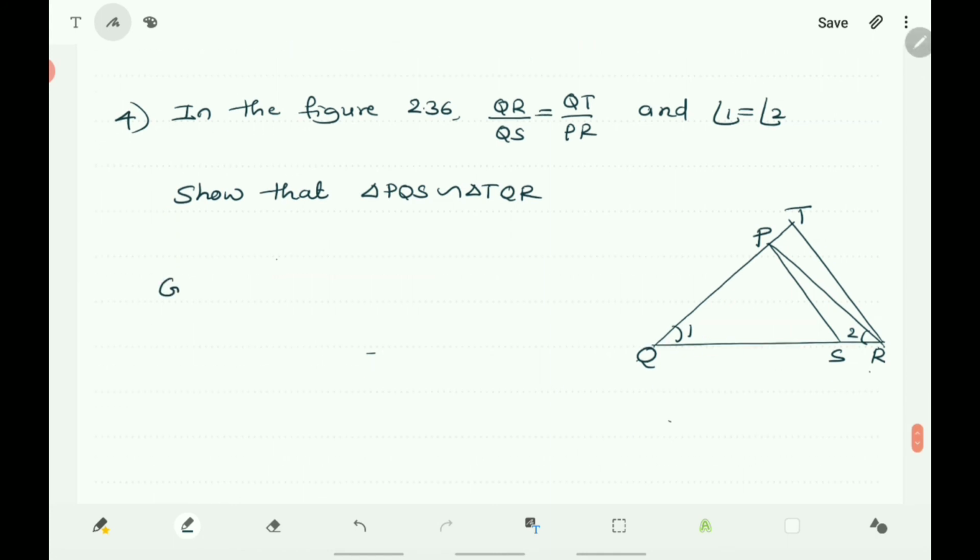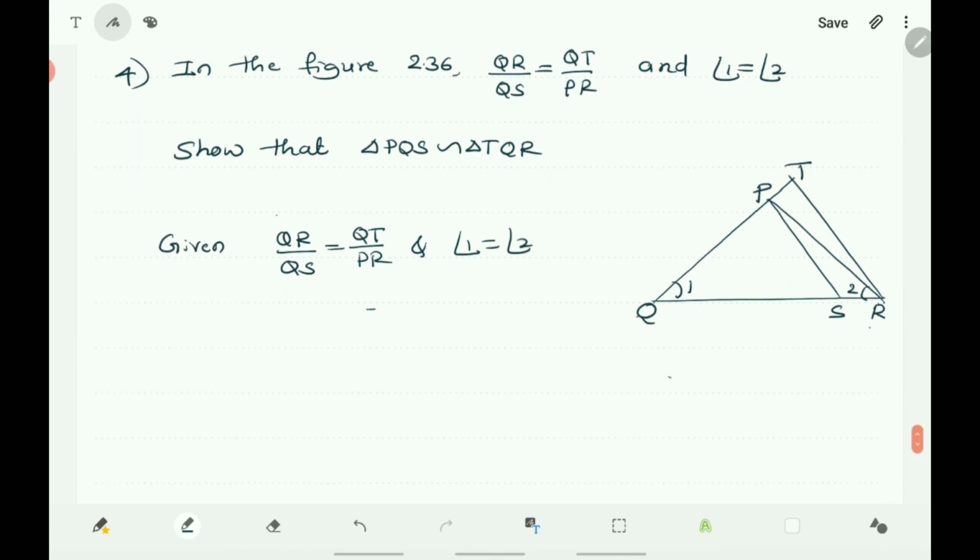Given that QR by QS is equal to QT by PR and angle 1 is equal to angle 2. This is given. Here angle 1 means angle PQS or PQR and angle 2 means angle PRQ.